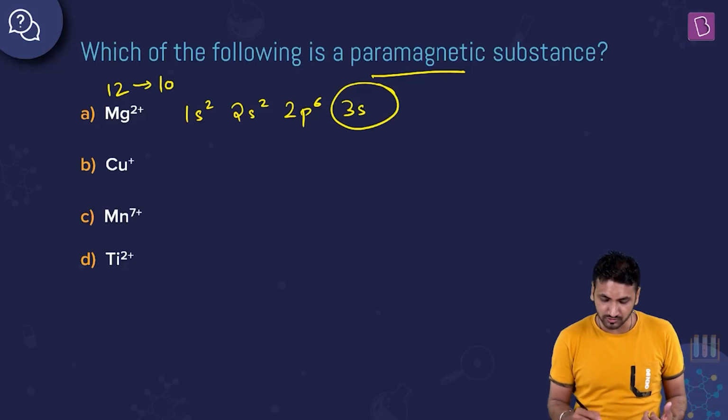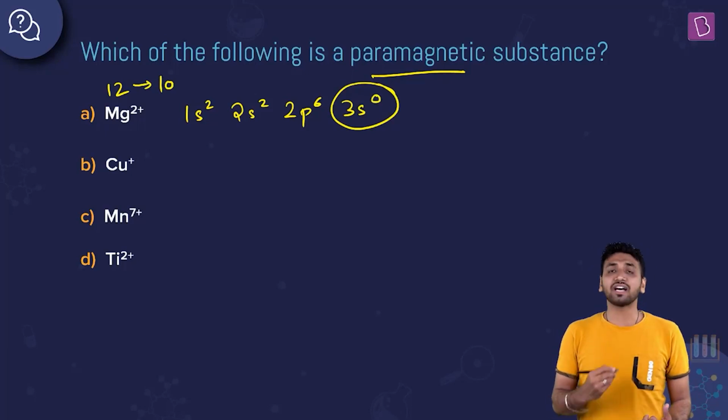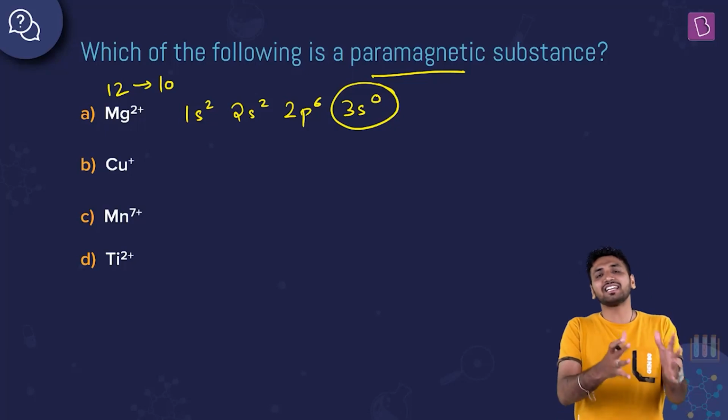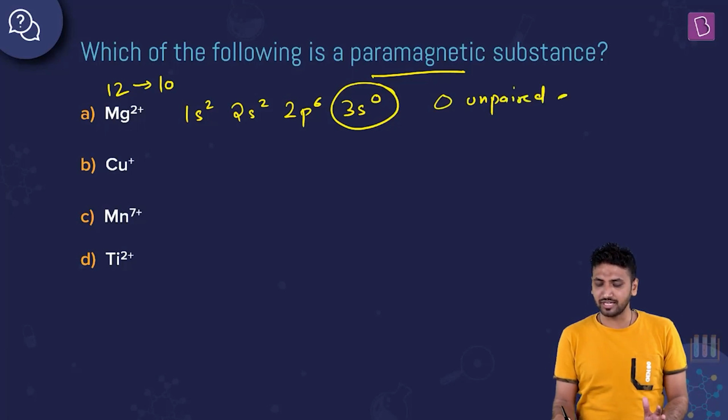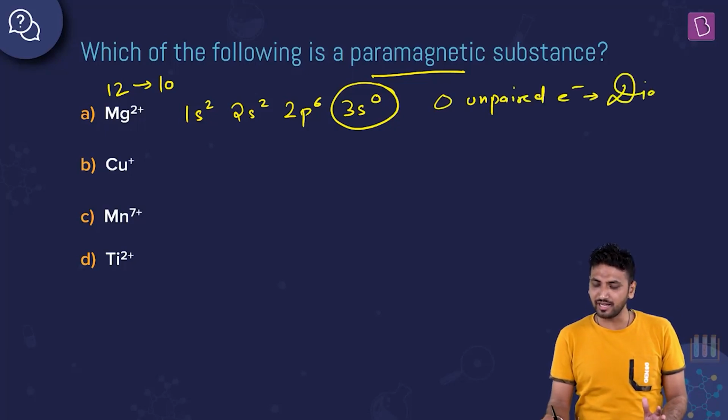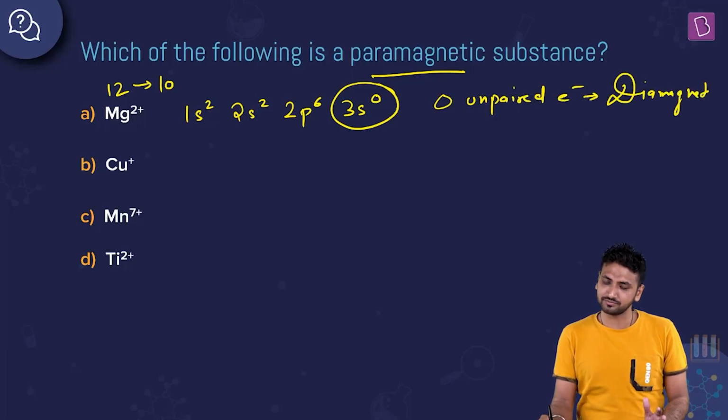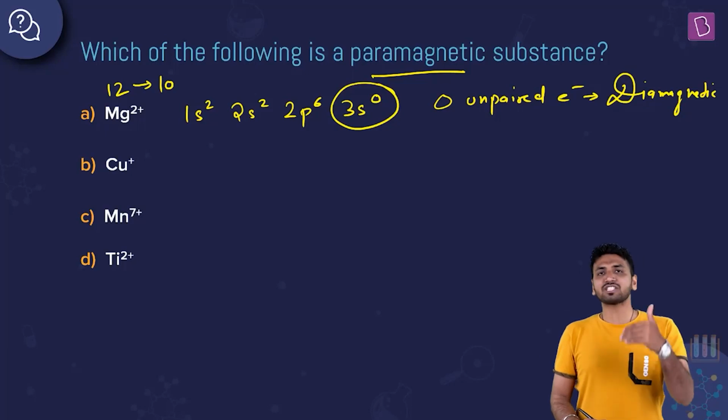So if I just remove this, this becomes 3s0, and what I see is all the inner electrons are paired. So 0 unpaired electrons. So can I say this is going to be diamagnetic? Make sense?